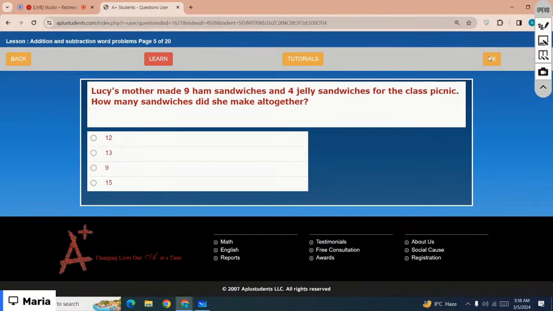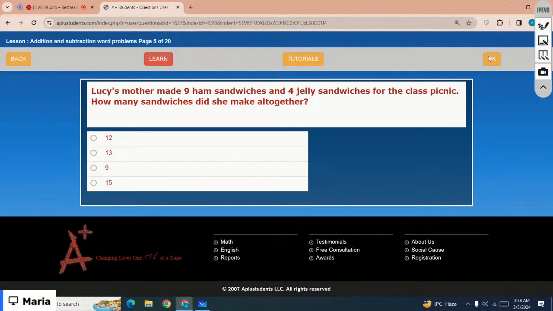So, which is the correct option? Altogether means again you need to add, right?